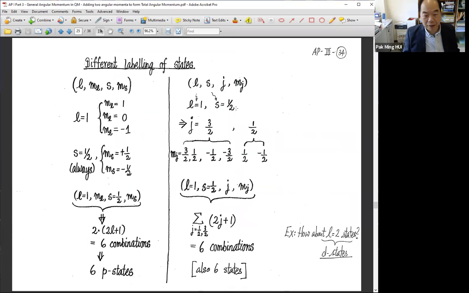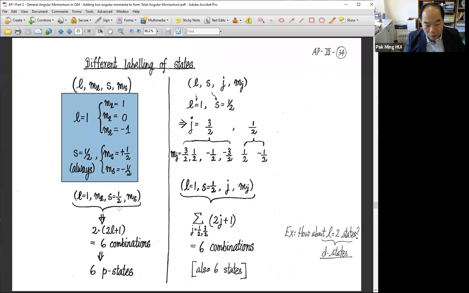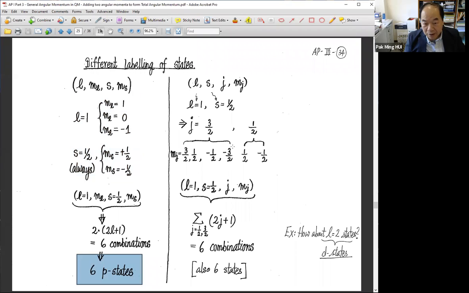Okay? So this page just summarizes what we did in a table. For the P states, either we do this labeling, not involving J and Mj, just orbital and spin separately, with these quantum numbers, altogether 6 states.